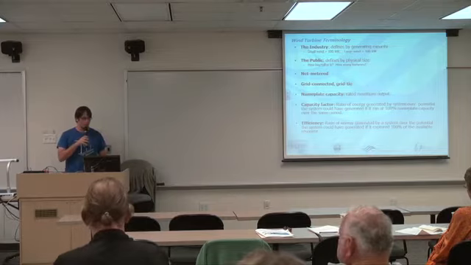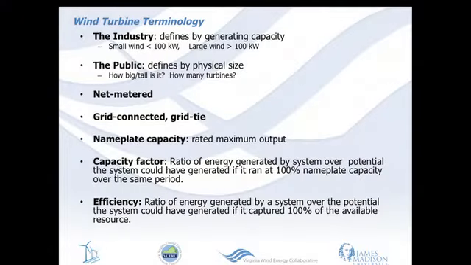You heard Mitch use the word capacity factor a few times, and capacity factor and efficiency can often get mixed up. There's some confusion sometimes on what the difference is. Capacity factor is essentially a ratio of the energy generated by a system over the potential the system could have generated if it ran at 100% nameplate capacity for the whole period you're talking about.